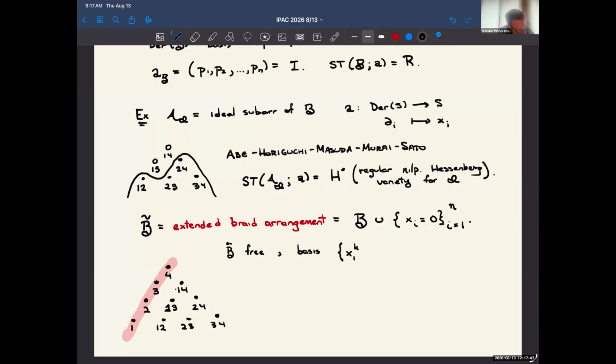So it's x1 to the k, partial 1, and so on, up through xn to the k, partial n, where k is running between 1 and n. So the exponents are 1, 2, 3, 4 up through n, not 0, 1, 2, 3 up through n minus 1.